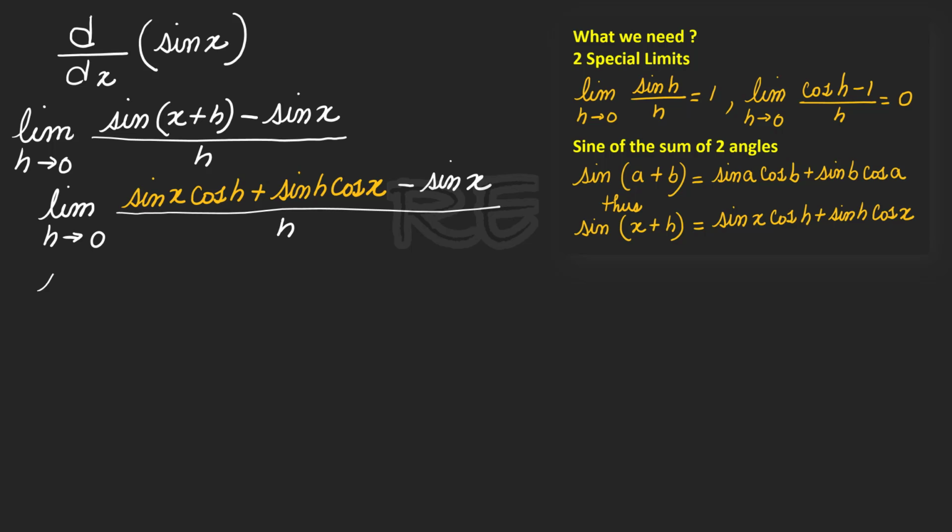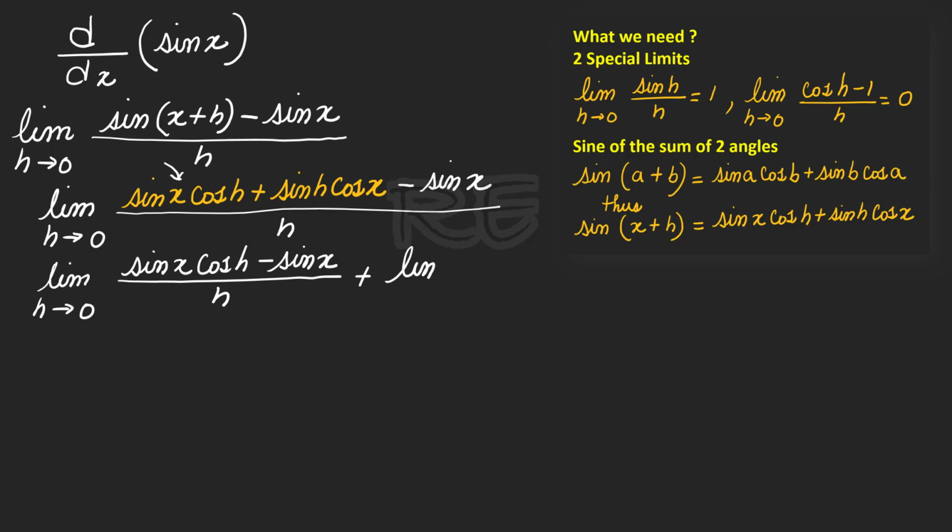Since the limit of a sum is equal to the sum of limits, this expression can be written as the limit as h approaches 0 of sine x cosine h, and then we're going to tack on negative sine x over h, plus the limit as h approaches 0 of sine h cosine x over h.